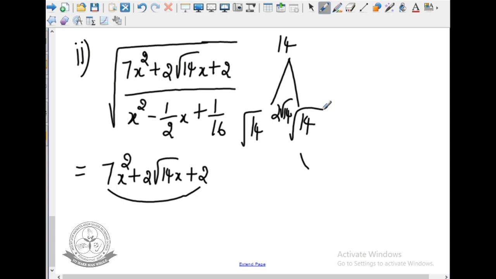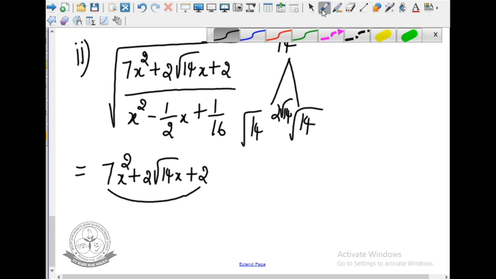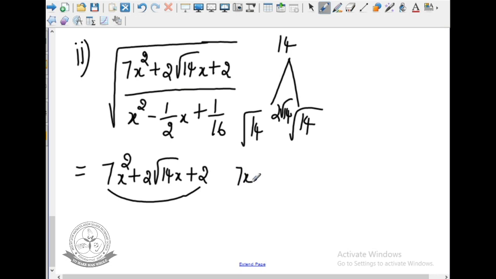So in the x squared, I am having a coefficient, how can we do it? You should write along with that variable: 7x plus square root of 14. 7x plus square root of 14, right?